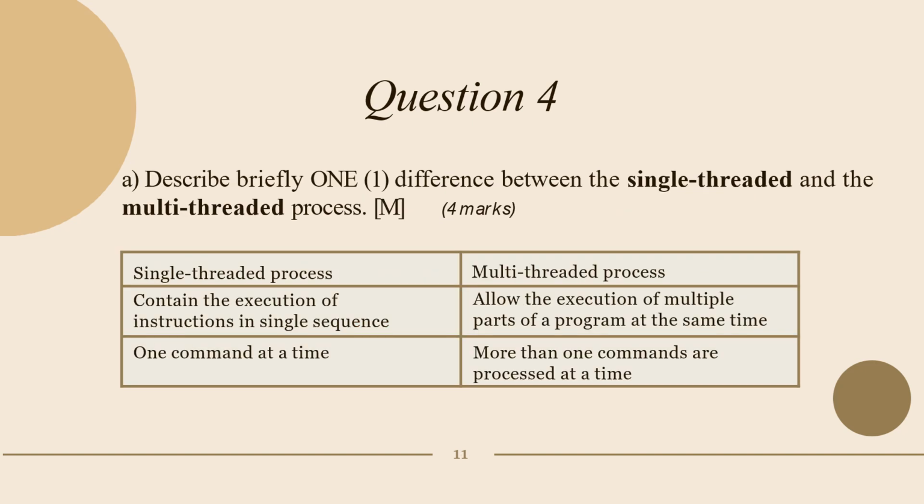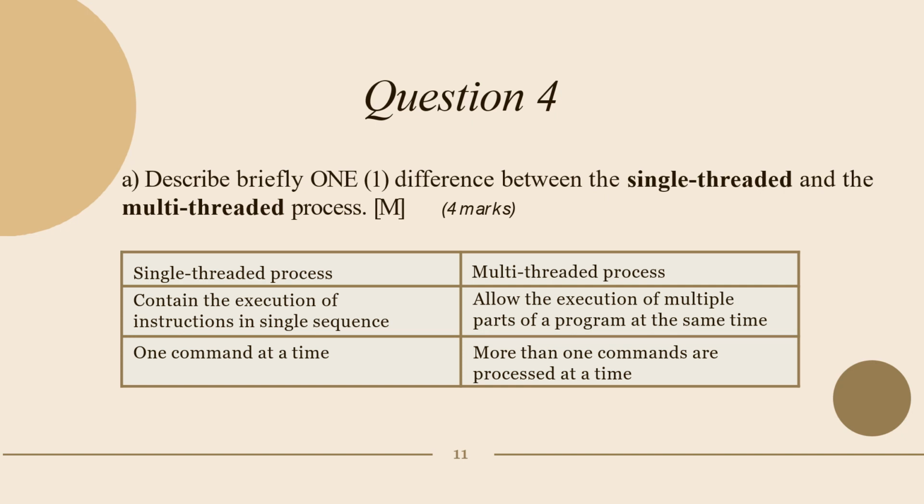Okay, so for question 4, the mark allocated for the question is 4 marks. And the question sounds like, describe briefly one difference between a single-threaded and a multi-threaded process.